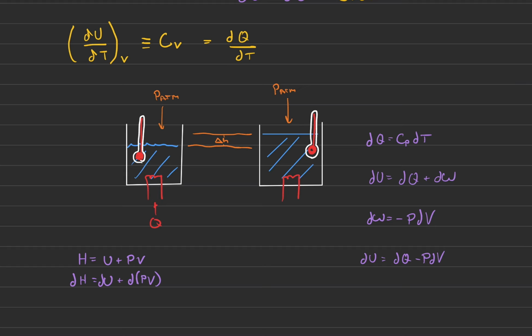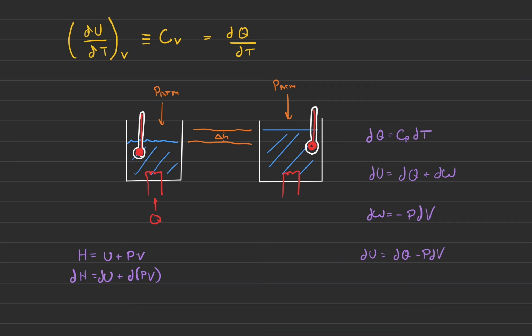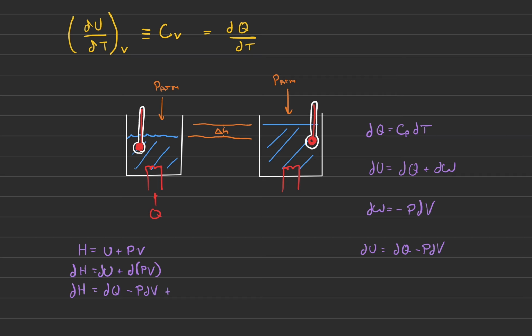Well, let's replace dU with what we have over here on the right. So we end up with differential enthalpy equals the differential amount of heat added minus the work done, PdV, plus PdV plus VdP, which these two cancel out, leaving us with a very interesting situation.